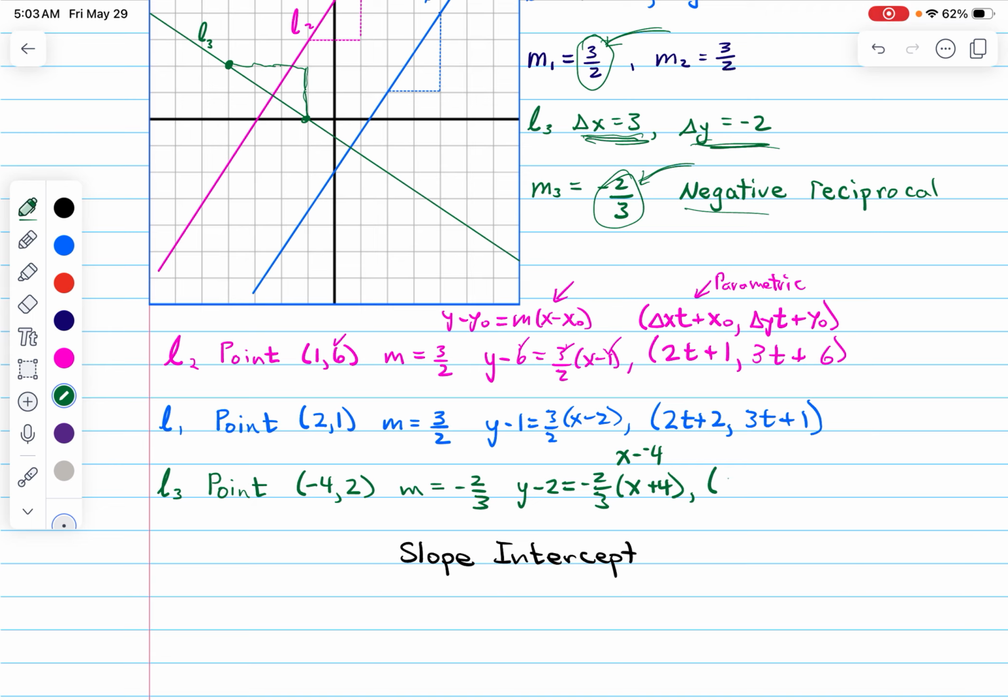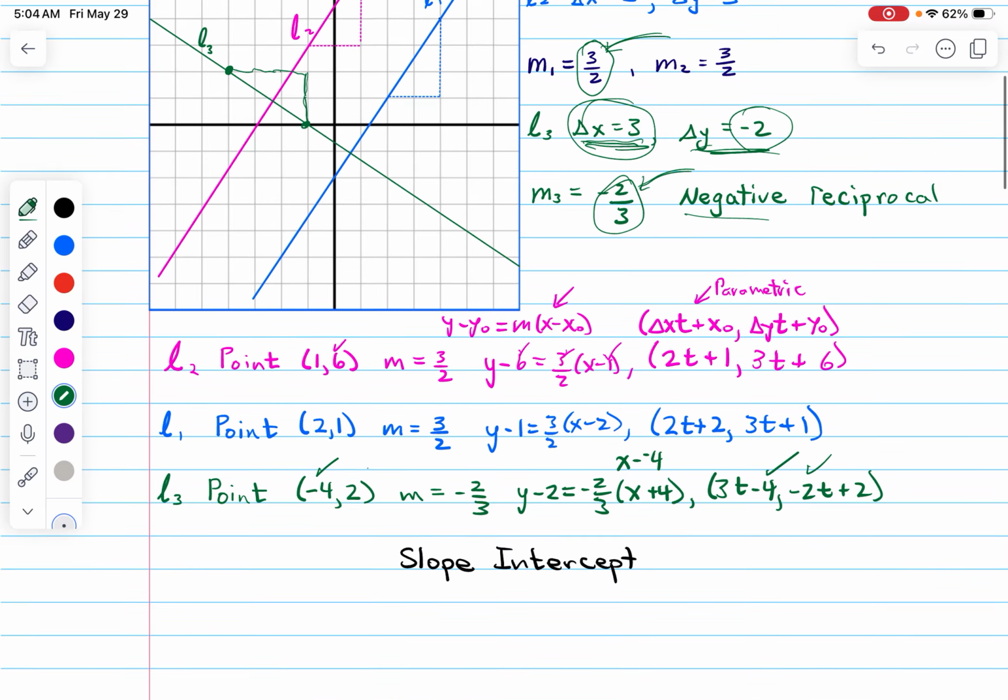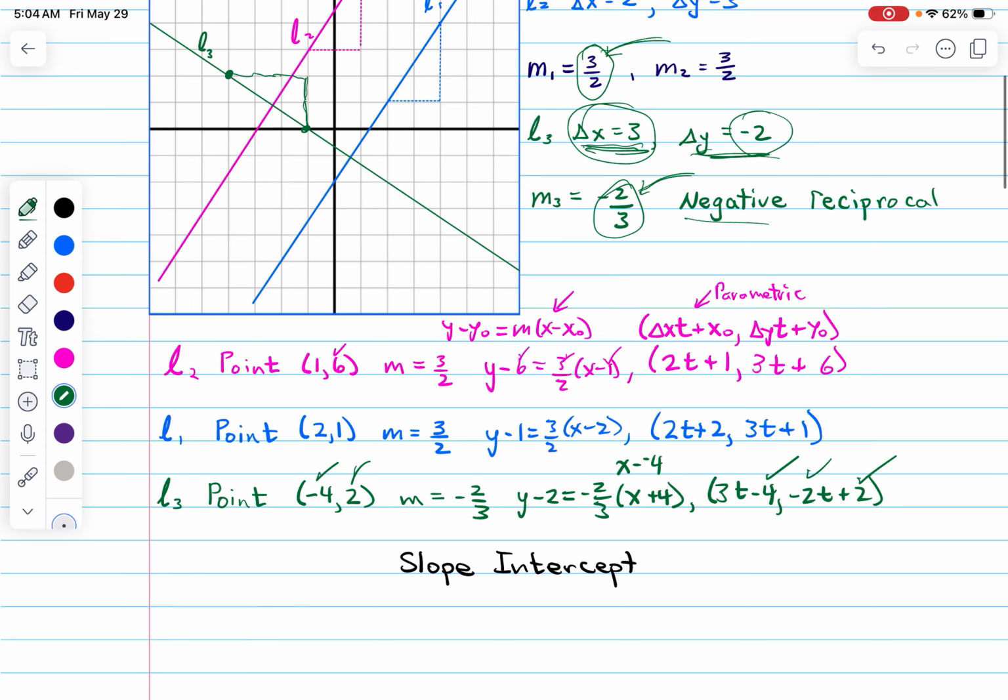And then we have 3t minus 4. See? 3 up here. And then negative 2t plus 2. See? Negative 2. And here's negative 4 and positive 2. Okay? And there we have our two ways for each of those lines to express them as an equation. Here's an equation and a set of parametric equations.